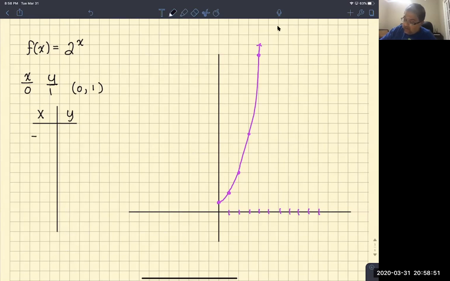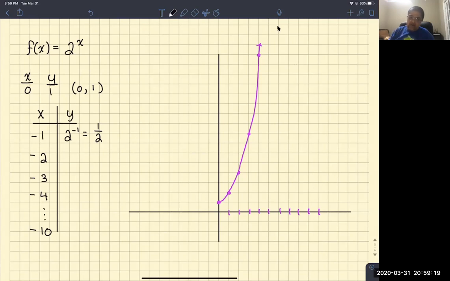So let's see what happens when I plug in -1 for x, -2 for x, -3 for x, -4 for x, all the way to -10. Well, when I replace the x with -1, I get 2 to the -1, which is, remember how to deal with negative exponents. We take the reciprocal of the base.